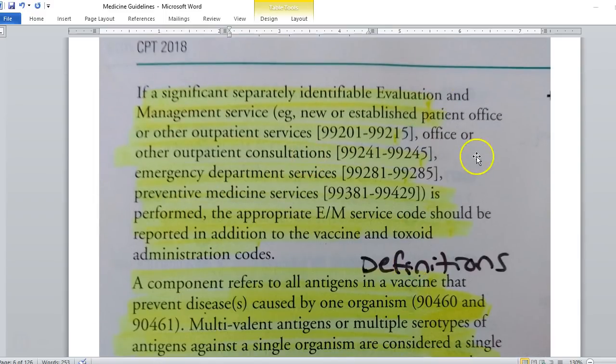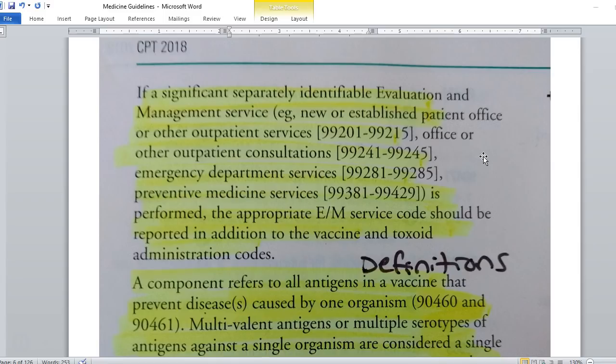It goes on to remind us, again, if there is a significantly and separately identifiable E&M service, then we can append it. Now, a lot of people have to remember that when we are using an E&M code and a code from another section, such as medicine, we have to use modifier 25 with the evaluation and management code to tell the insurance company that the visit was separate from the reason for that injection, that vaccine, okay?